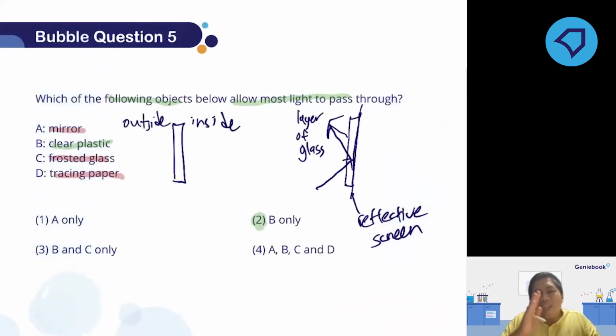The people outside can see whatever the person inside the room is doing, but the person inside cannot see the person outside. It is a special type of mirror where the reflective screen is sort of translucent actually. You can read up in more detail. You can Google it on your own. You can search two-way mirrors.